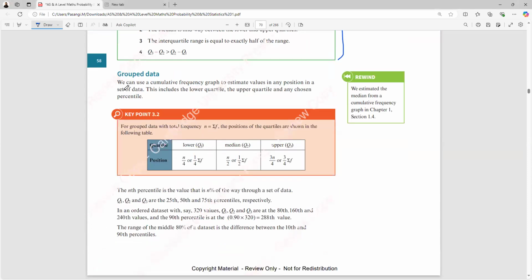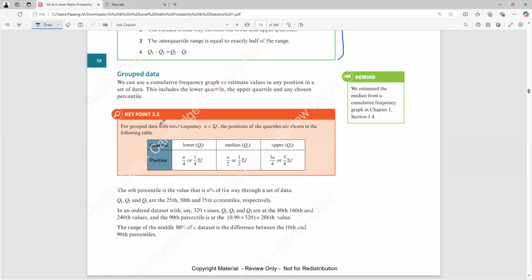Group data. For group data, we can use a cumulative frequency graph to estimate values in any position in a set of data. This includes the lower quartile and the upper quartile and any chosen percentile as well.